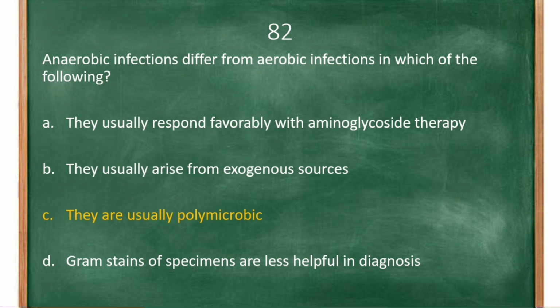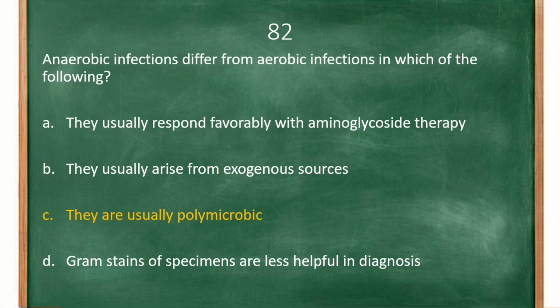Okay, one thing about anaerobic infections is that they are polymicrobial. That is to say that they involve multiple types of microorganisms, including both anaerobic and aerobic organisms, because the natural habitat of these anaerobes also has aerobes there.